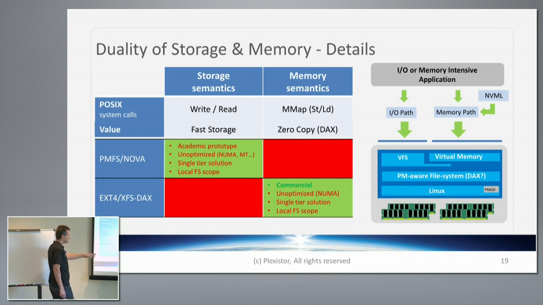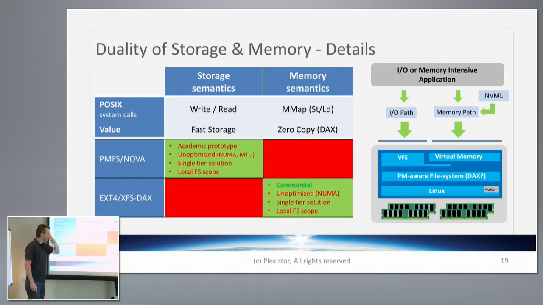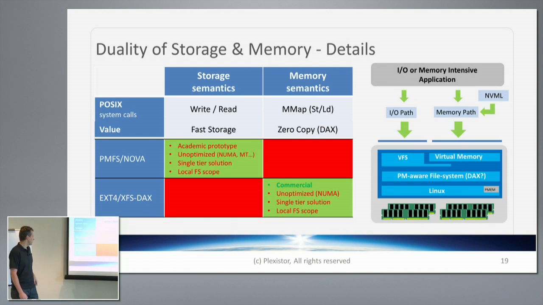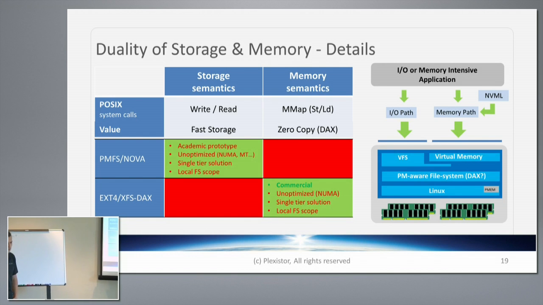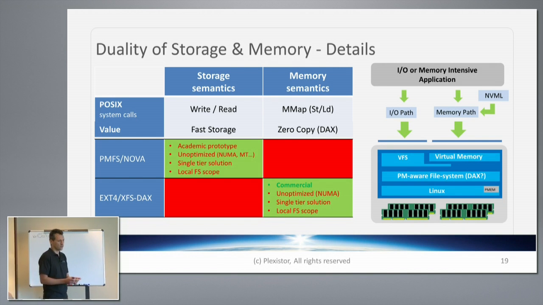So I've listed several of the cons that those offer. For instance, they're unoptimized. So there are several things that are more complicated to support, for example, efficient support for multi-threads or for non-uniform memory architectures. So if you're using more than a single socket, you actually want to have NUMA optimizations built in.